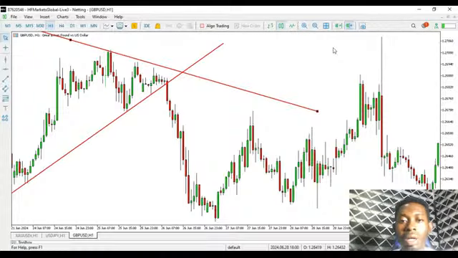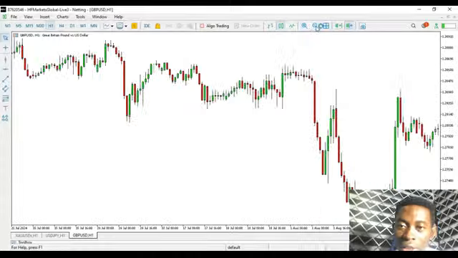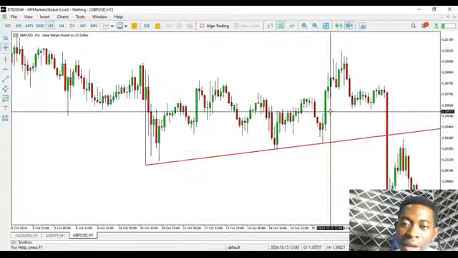So now I'll be entering my trade on the tip of this candlestick. I'll put a pending order on that after this rejected candle, so that's the conservative way.